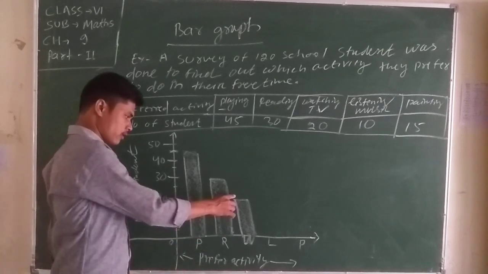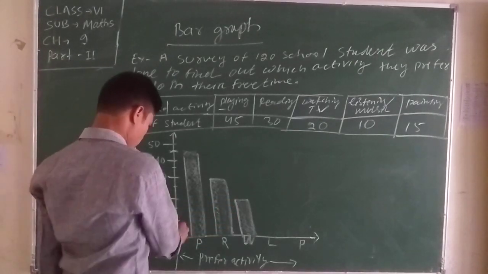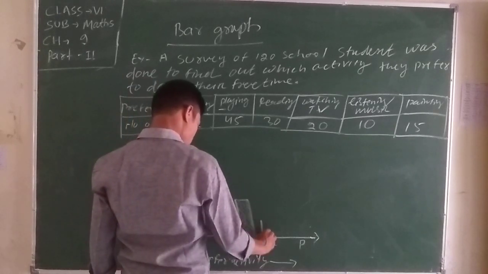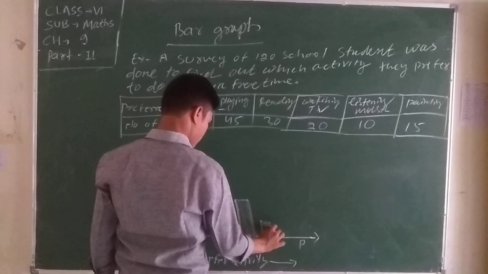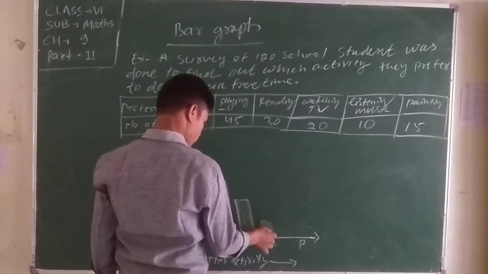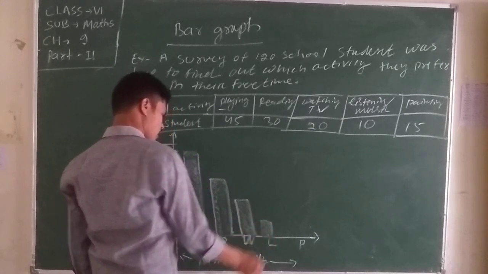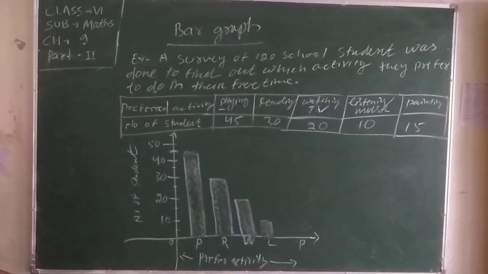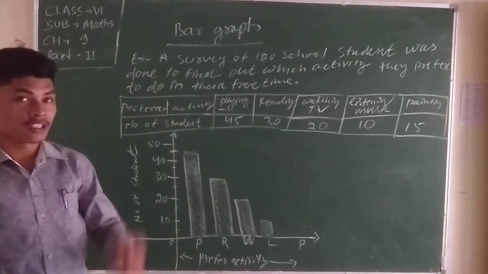Then last, listening. How many are listening? 10. Then here 10. Then we draw here 10 students listening. Now, P is what marks? Painting.